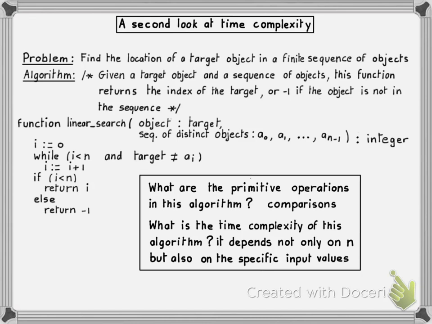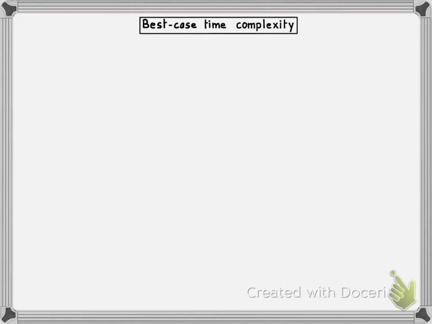There's not a single function that will return the number of comparisons for any input of a particular size n. So to solve this problem, we need to define different kinds of time complexity.